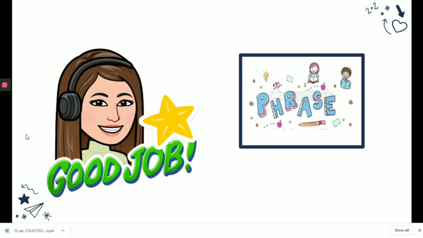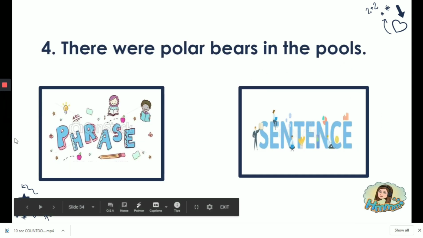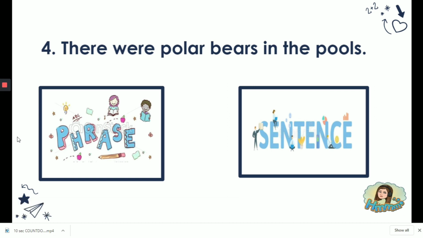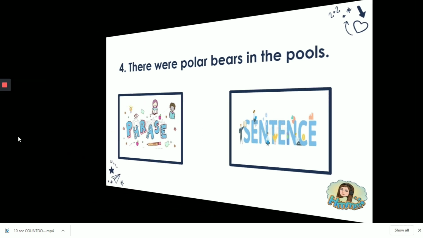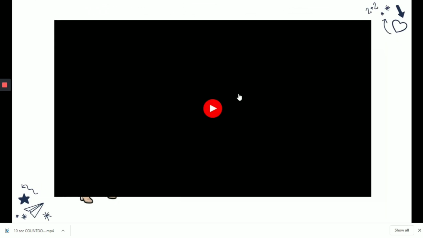It has no complete message. Next, number 4. There were polar bears in the pools. What is the answer? Is it a phrase or a sentence? Timer starts now.